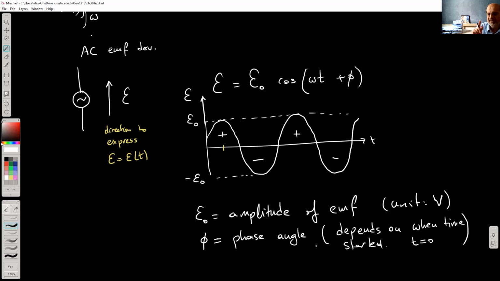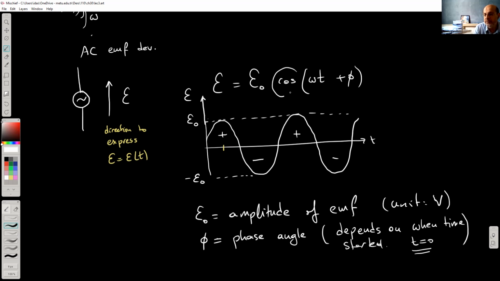So I'm going to always do this, but sometimes I'm going to choose this phase angle to be 0 on the EMF. Sometimes I'm going to choose it to be 0 on the current, right? In general, depending on when you start the time, there might be a phase angle in here.